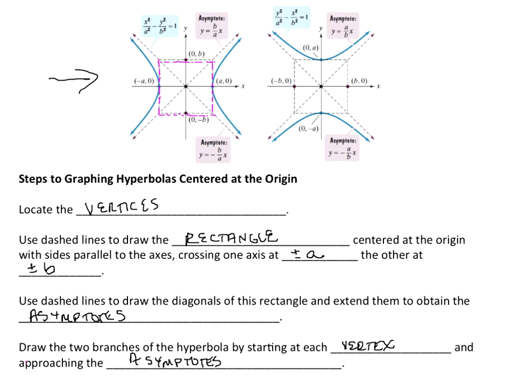So just on the rightmost diagram up there, the first step is to locate your vertices. Then you're going to draw your rectangle. Then you'll actually graph your asymptotes.